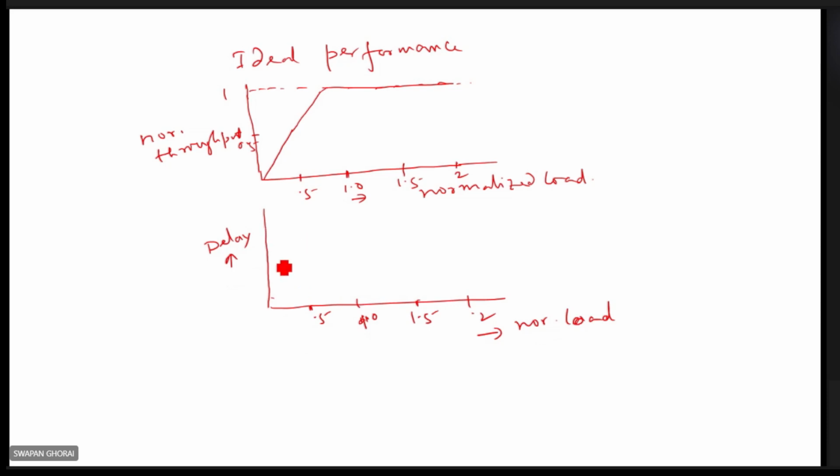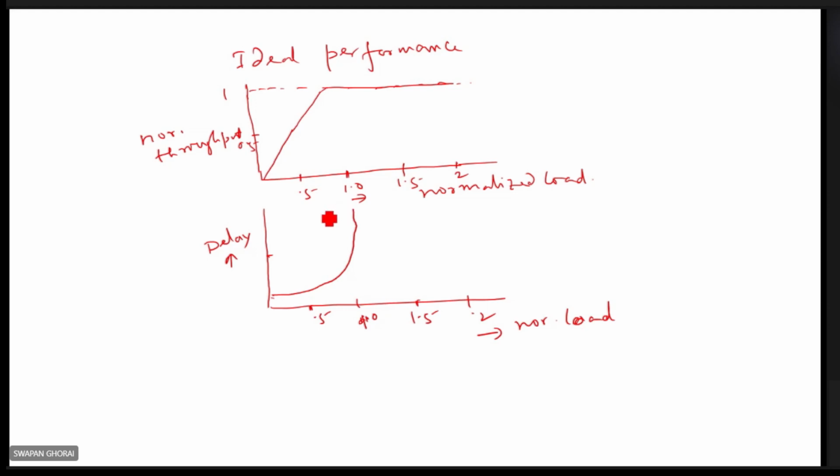So this is the delay. Initially some small delay will be there, but as you increase the load, you see the delay will increase excessively, without bound, if you increase the load beyond the capacity.